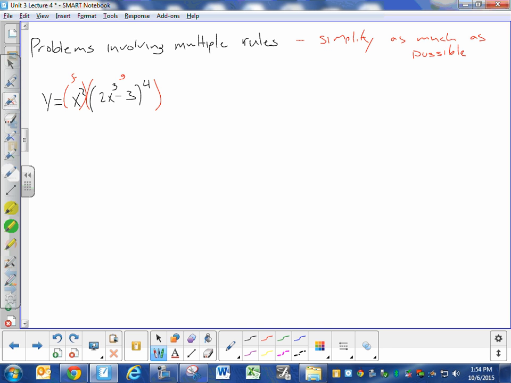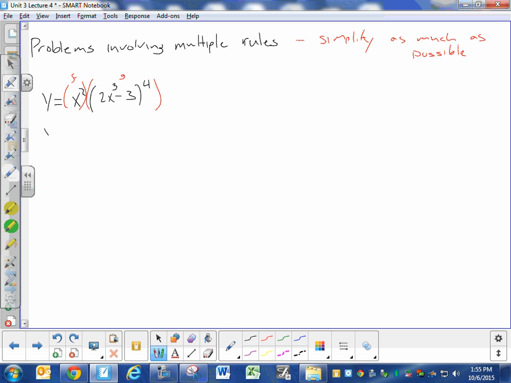If it's a variable, then you have to use the product rule. Even if I ask you to find y prime of 1, you still have to find y prime first using the product rule. And same thing, if I gave you numbers to plug in, you still cannot distribute that number in there. Still not good.